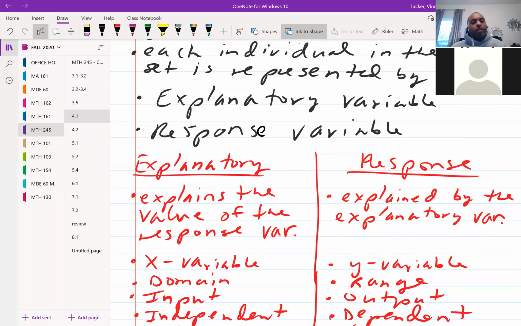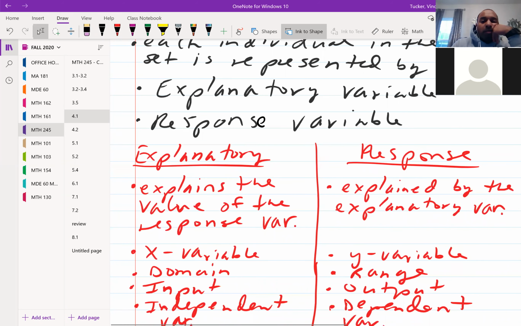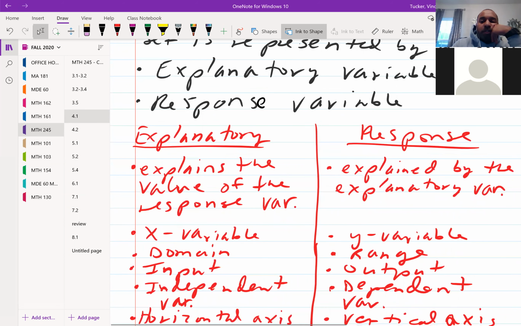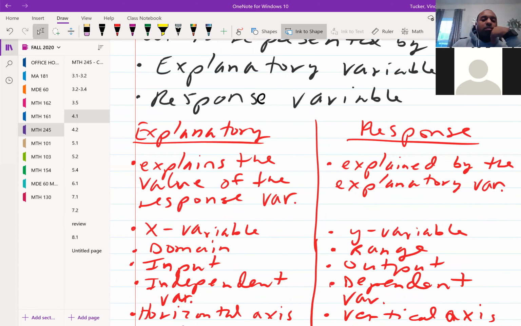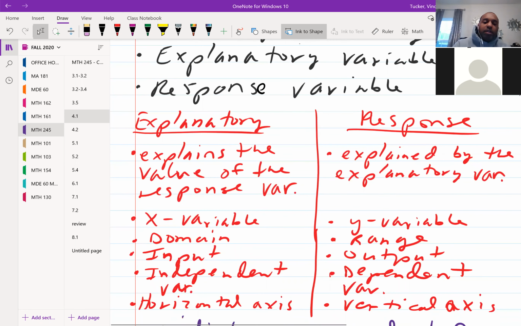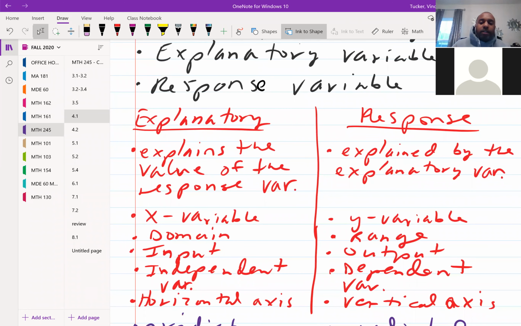Explanatory variable is your x variable, response is your y. Explanatory is your domain, while the response is your range. Explanatory is input, response will be output. Then we have independent versus dependent, horizontal axis versus your vertical axis.